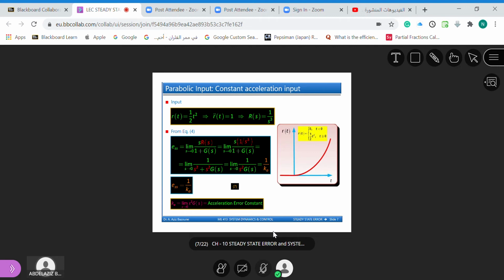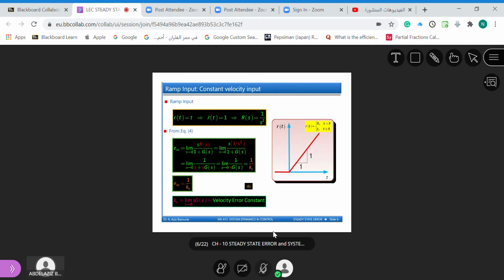We will have also the parabolic or constant acceleration. Question from a student: why do we eliminate this? Shouldn't we differentiate it in the limit? We did not differentiate. No, it's not 0, because G(s), we did not eliminate it. We are saying it is sG(s), because G(s) can take any form.